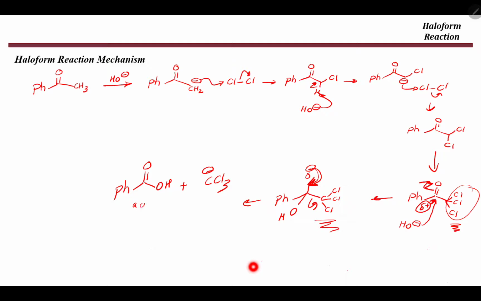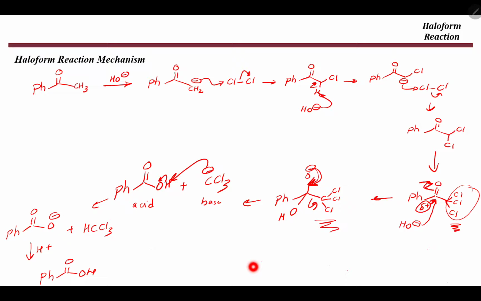Now this is an acid, this is a base, so this attacks here and abstracts the proton. That's why in the first step of the reaction, we actually get the carboxylate plus the haloform. Later on, when I add H+, I can get the benzoic acid or the carboxylic acid.